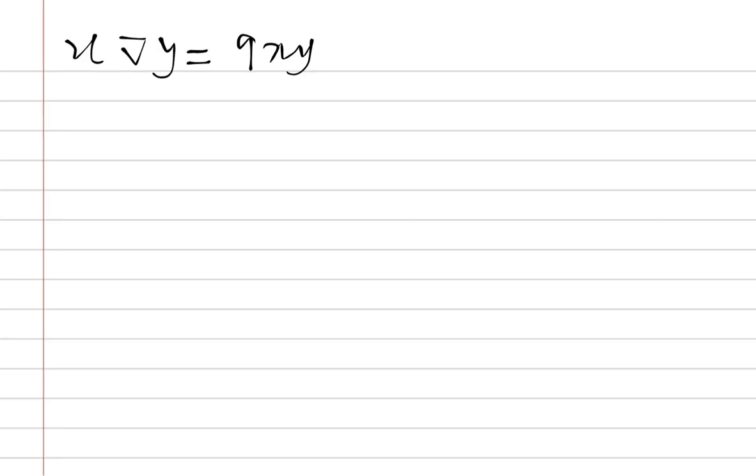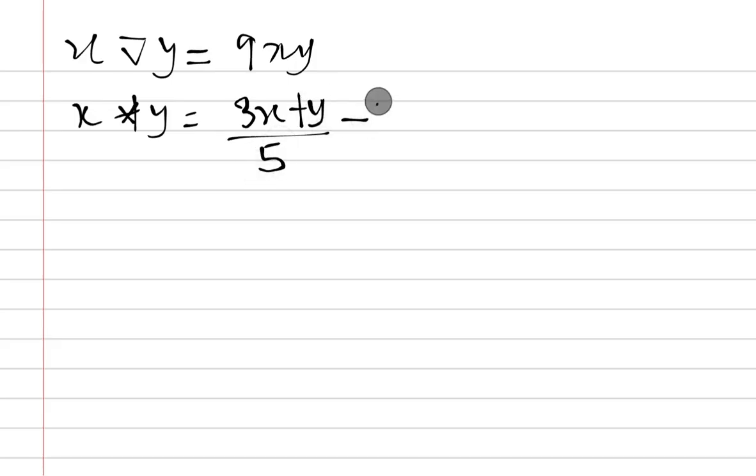Then also do for x star y equal to what? Equal to 3x plus y over 5 minus 1. Yes, do these two as an assignment. Find the identity element of these operations.